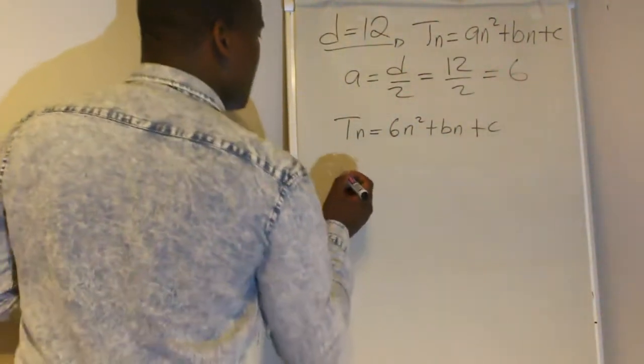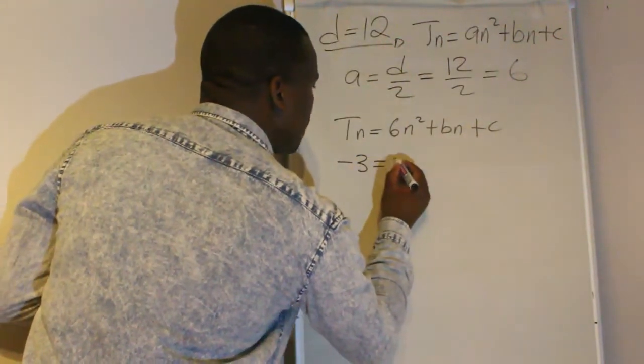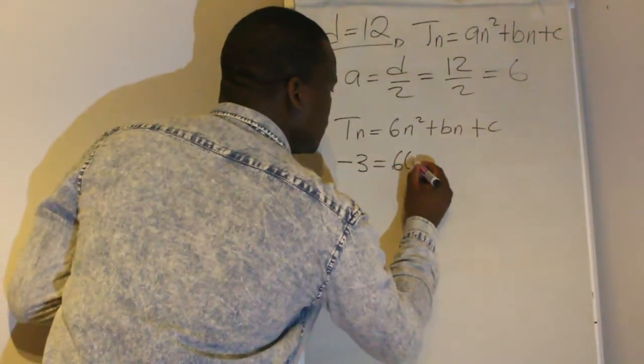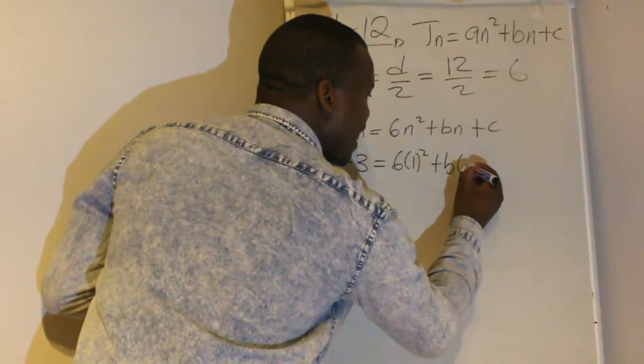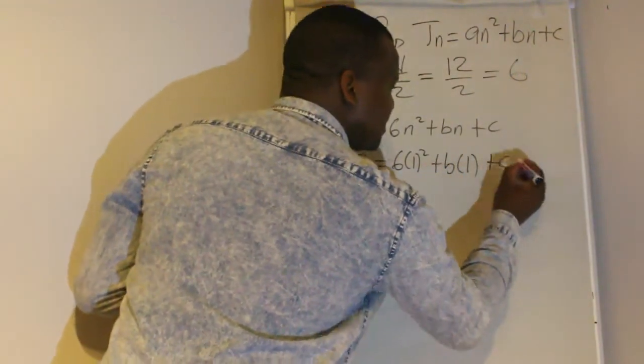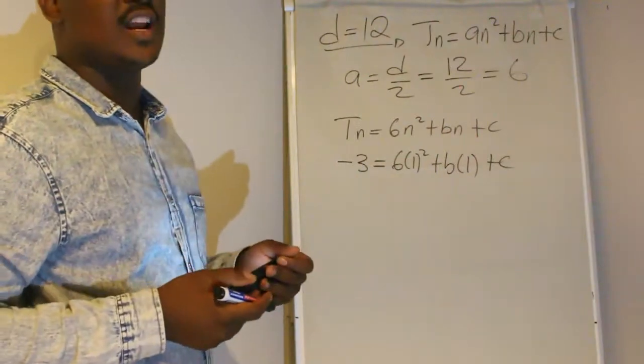So you say, okay, my first term was -3, so -3 is equal to 6 into 1 squared plus b into 1 plus c, because that's how you find each and every term of the sequence once you have the general equation.